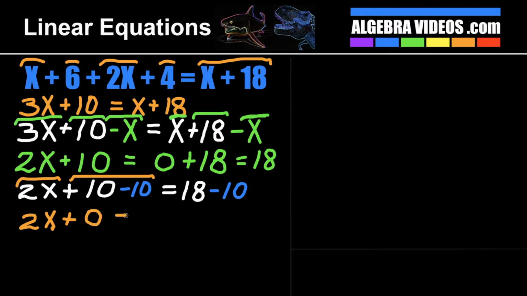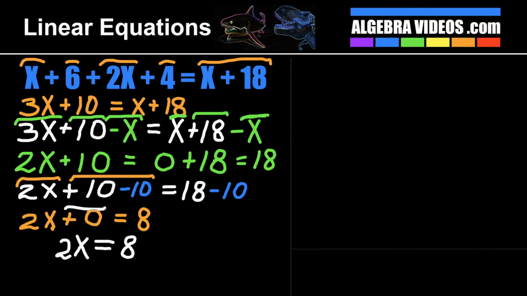And then on the right side, it equals 18 minus 10 is 8. And now we're down to 2x equals 8. All I did was get rid of the 0 right here.